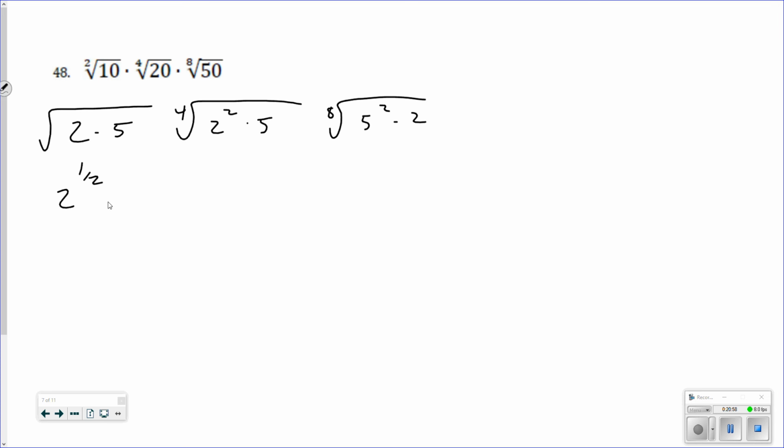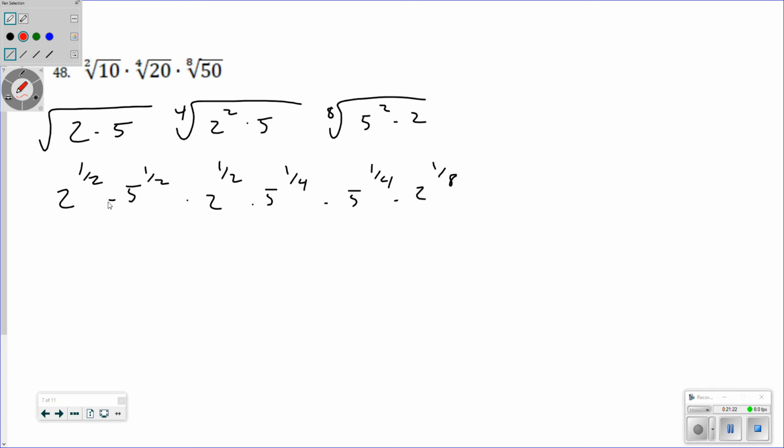Then we can put it in exponents to combine them together. So 2 to the 1/2, times 5 to the 1/2, times 2 to the 2/4, which is 1/2, times 5 to the 1/4, times 5 to the 2/8, which is 1/4, and 2 to the 1/8. So you've got the prime factorization of everything, we put them into exponents, and now everything's in bases of 2s and 5s.